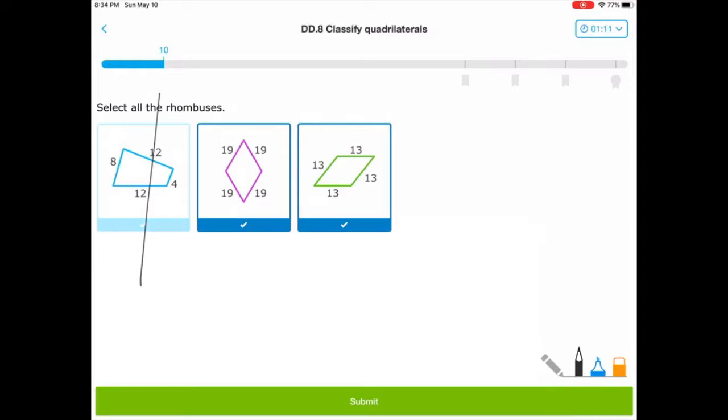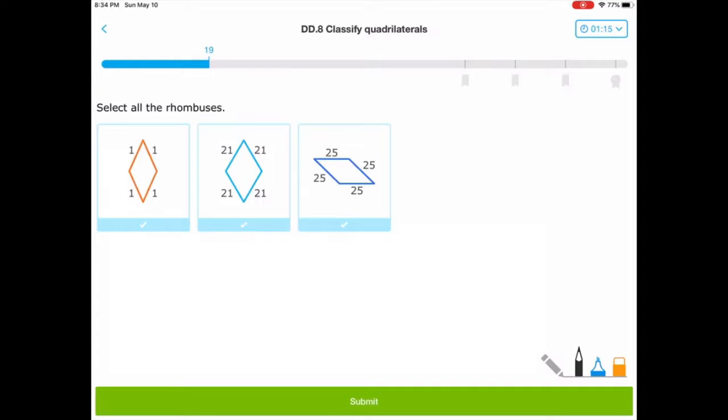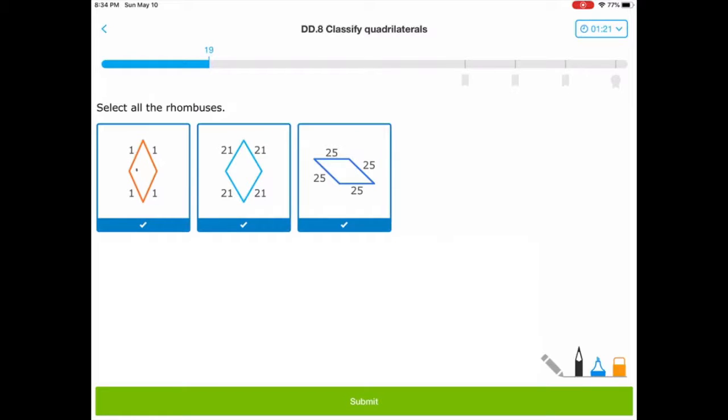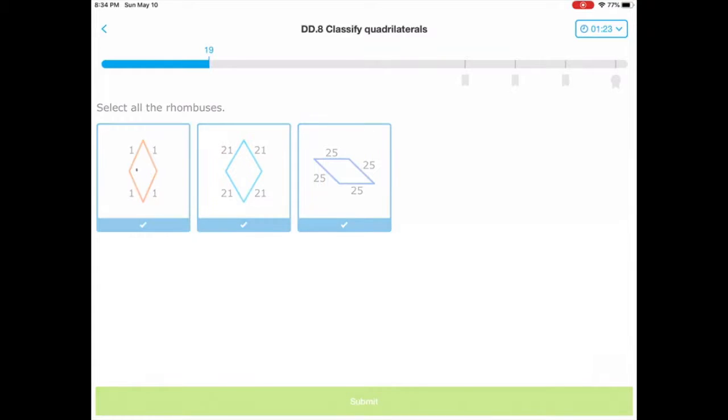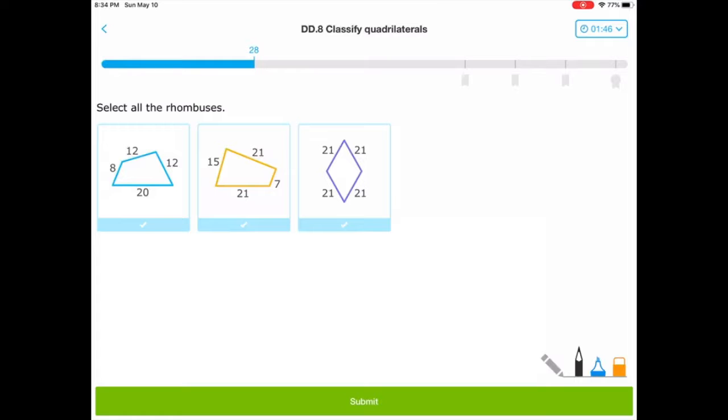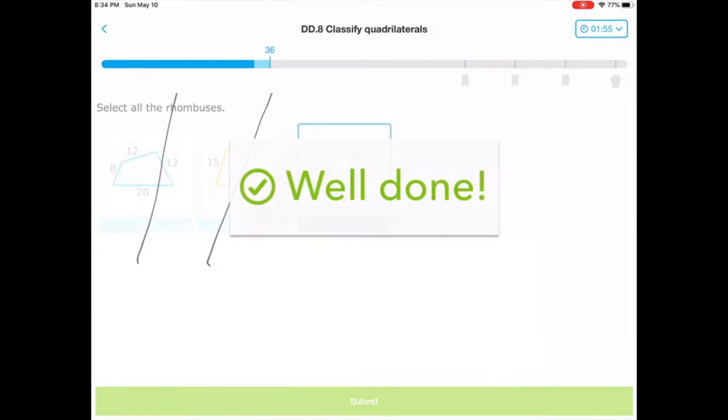Yes. Okay, rhombus again. Do they have all equal sides? Yes. Yes. Yes. Another rhombus question. The first one does not have all equal sides. Second one does not, but the third one does.